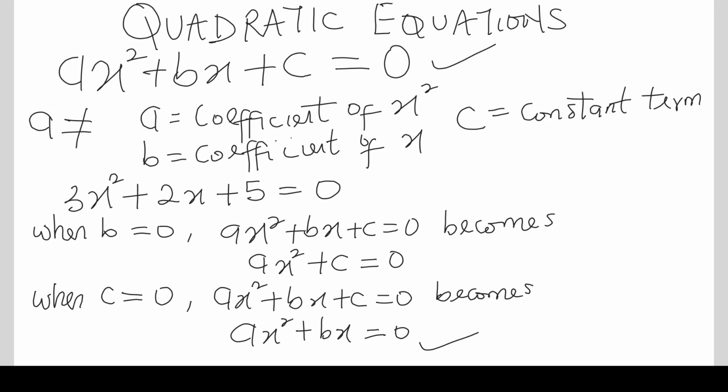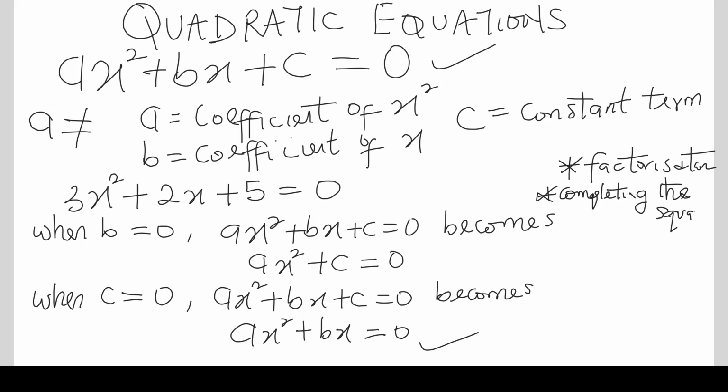The first one is the factorization method. The second method is called the completing the square method. While the third method is called the quadratic formula method, or we say formula method.